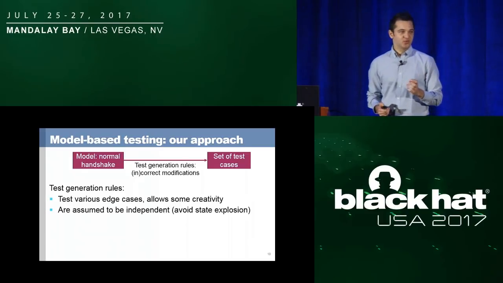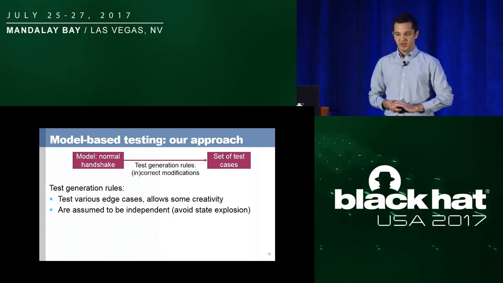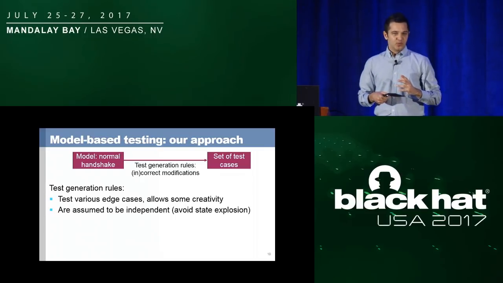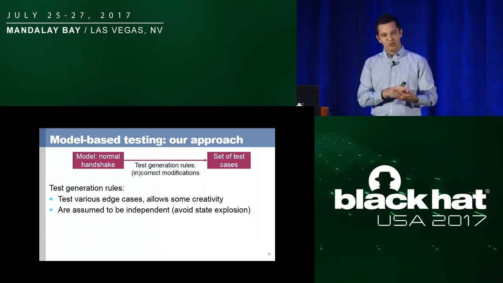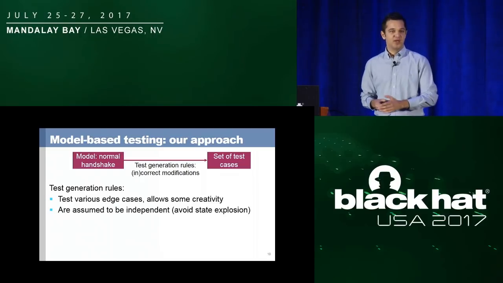So a test generation rule is, for example, a rule which says try to drop every message of the handshake, or try to inject random messages between a normal handshake. So what we need to do here is define appropriate test generation rules so we can test the necessary functionality of a Wi-Fi handshake.